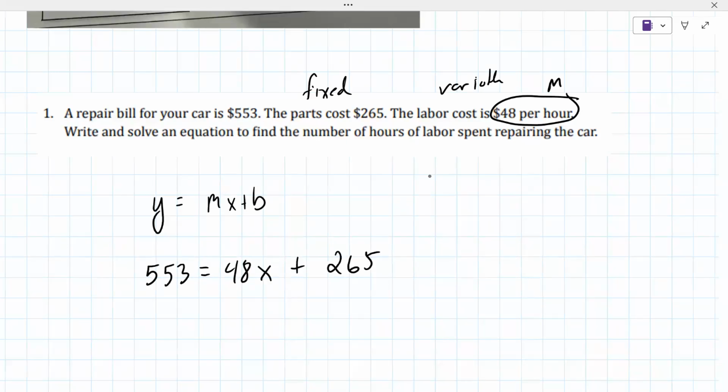Very good. And then it would take 6 hours.